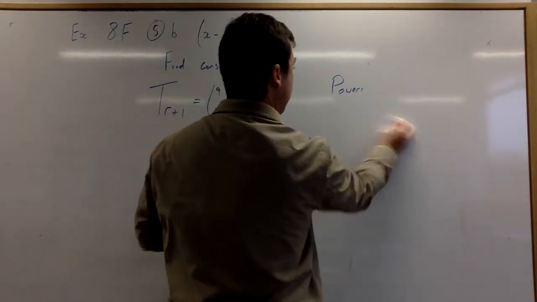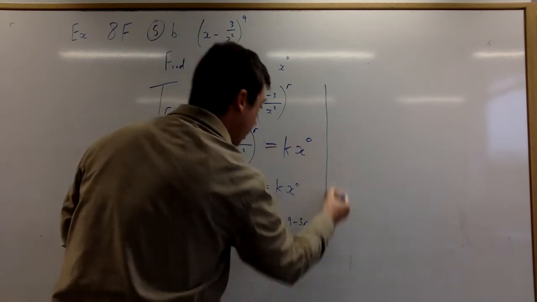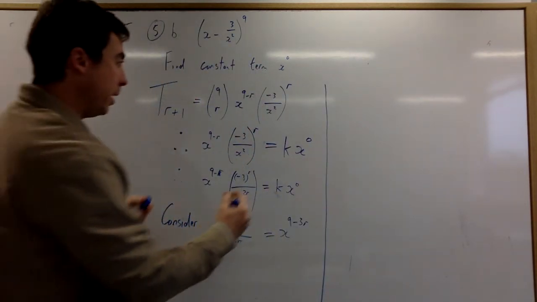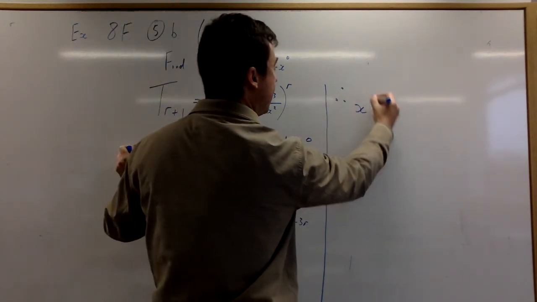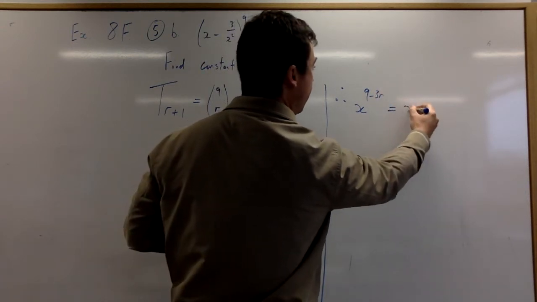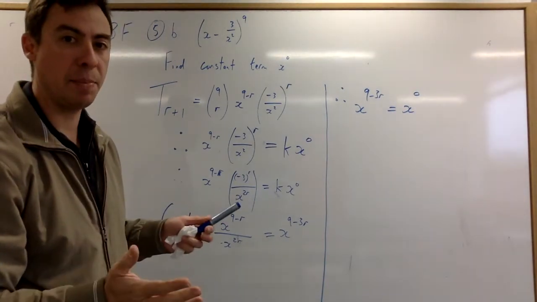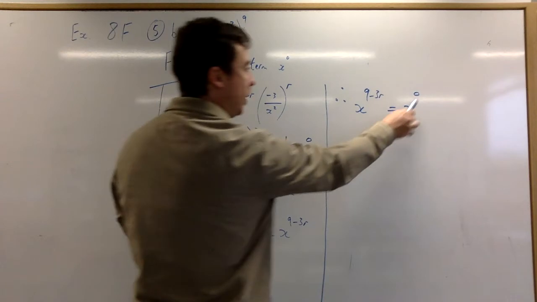Excuse me. I'm going to make some room over here. So I could say therefore x to the 9 minus 3r has to equal x to the power of 0. We can equate these powers. What r is going to give us x to the power of 0?